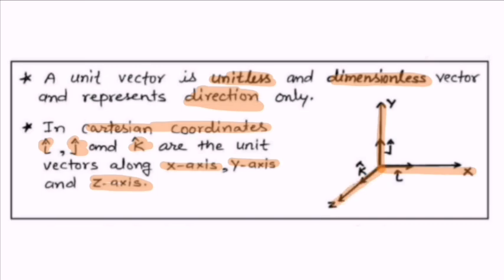And the angle between these three must be 90. Means the angle between x-axis and y-axis will be 90, the angle between z-axis and x-axis must be 90 degrees, and the angle between z-axis and y-axis must be 90 degrees.